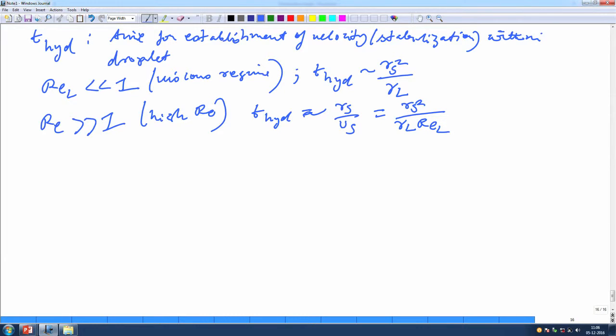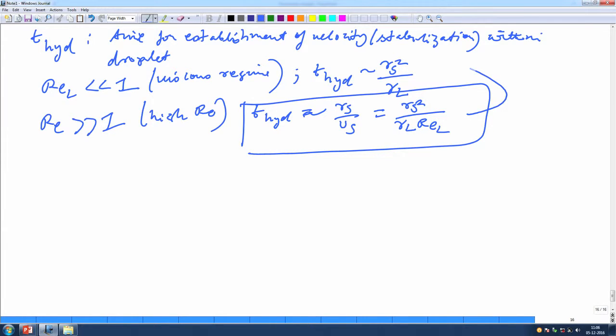All right. So, in this particular case, one can readily see that this hydrodynamic time scale is much shorter than that, no doubt. This hydrodynamic time scale should be much shorter than that. Okay. Similarly, if you talk about a thermal scale, which is responsible for the temperature differential, that will still scale as Rs square by alpha_L, right.